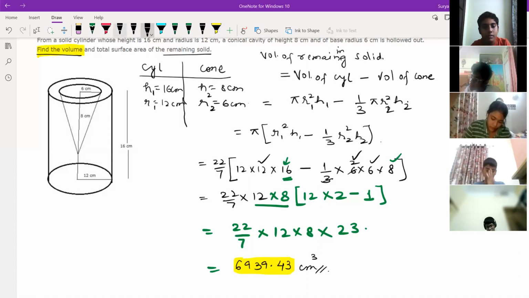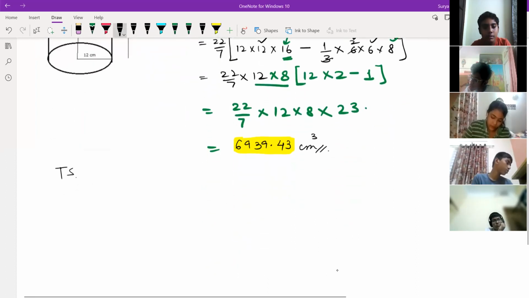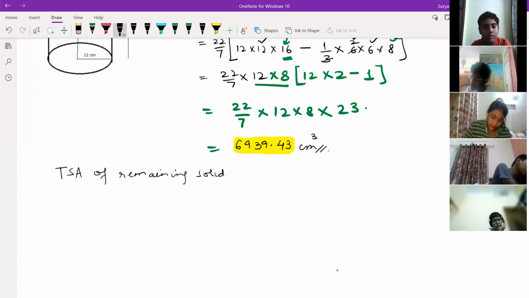Now total surface area. Formula of total surface area, how can we find total surface area of the remaining solid? Here you have to think so much, okay? Means which part we can touch, that is more important here, right, children?